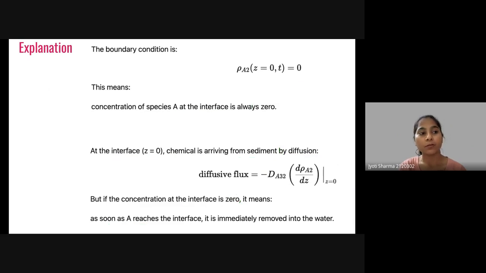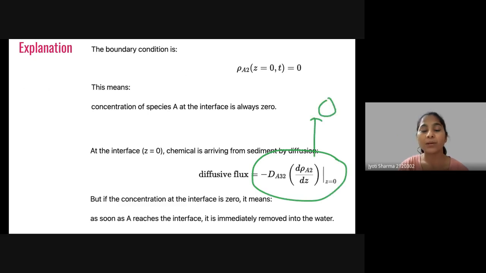Physically we can't say that this is exactly 0, but just to make the equation simpler, we are assuming that everything coming from the diffusion is completely removed by the convective flow, and if it is completely removed, then this means the diffusive flux will be equal to 0.